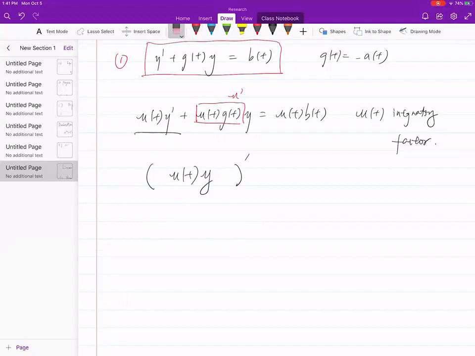You need to find a mu such that this part gives you exactly mu prime.